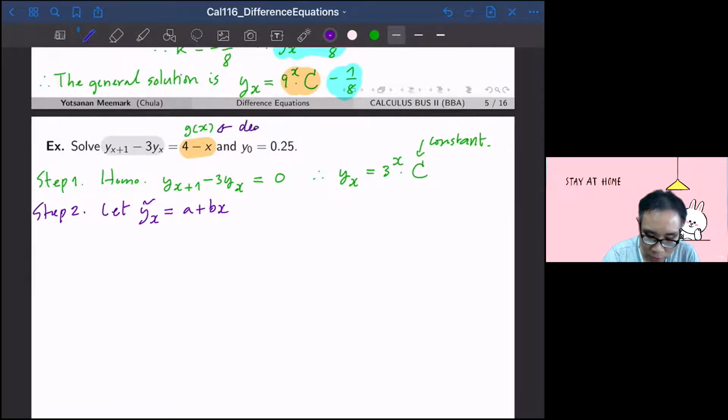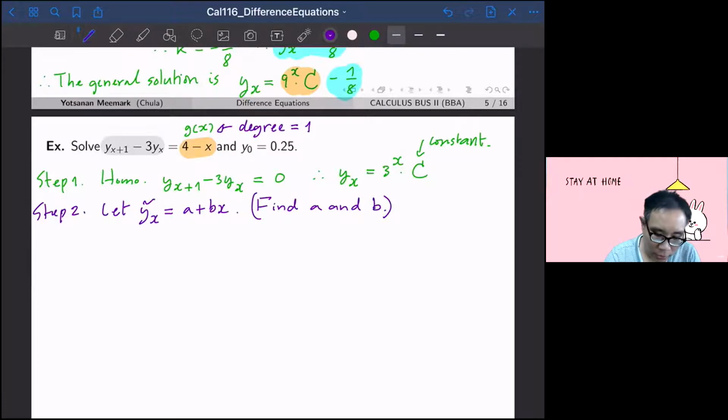When g(x) is a polynomial of degree 1, it's gonna be a plus bx. So we're gonna find a and b.